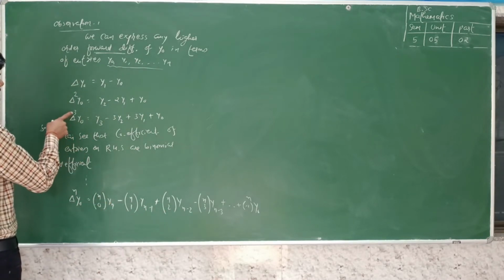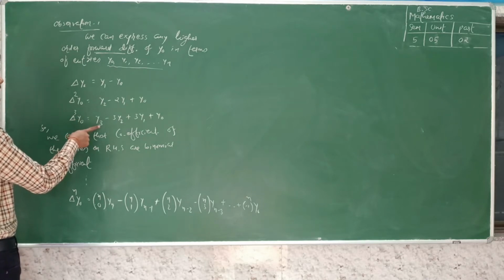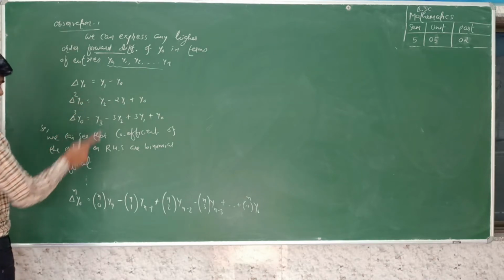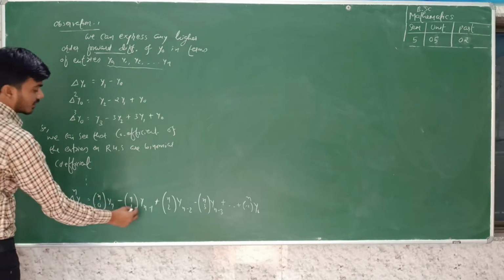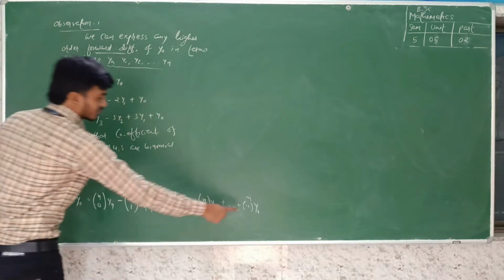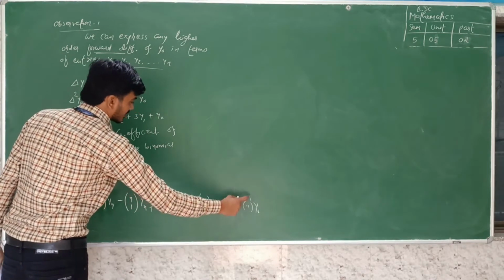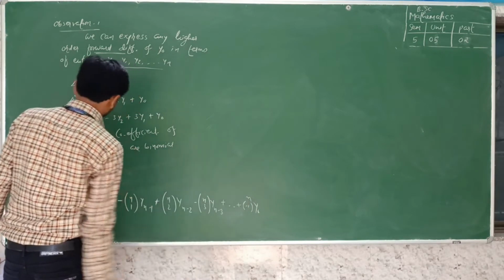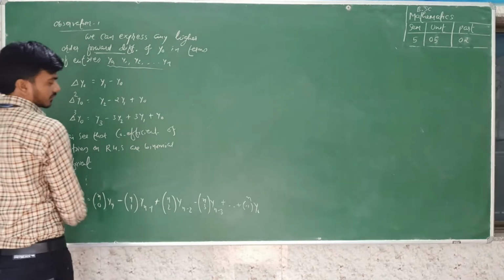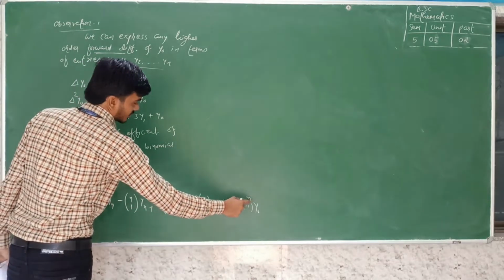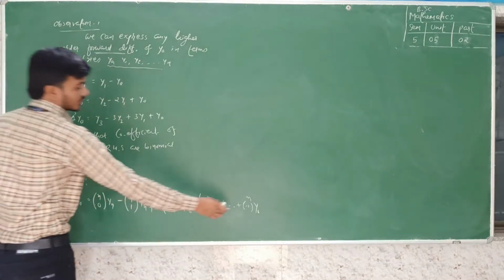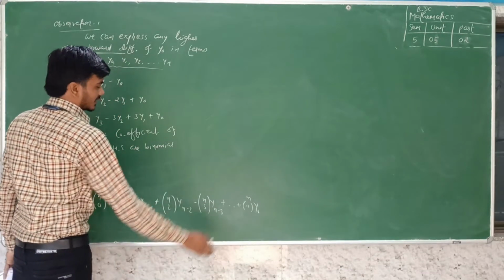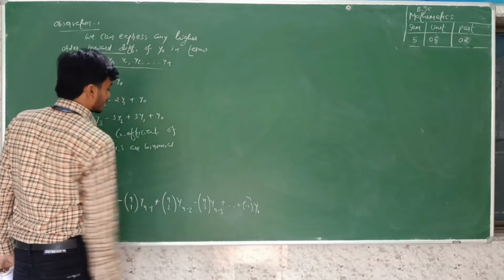Here the power is 3 for the third forward difference, which involves y3; the second forward difference involves y2, and the nth forward difference involves yn. So these coefficients are from the binomial theorem. Minus 1 raised to n y0. For the second forward difference it is minus 1 raised to 2, and for the third forward difference it is minus 1 raised to 3.